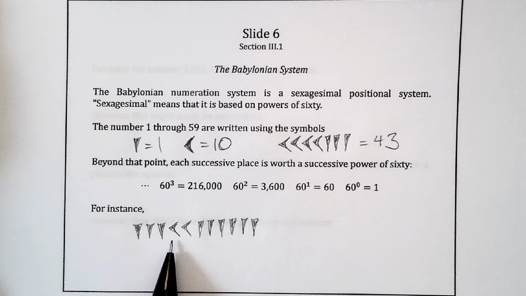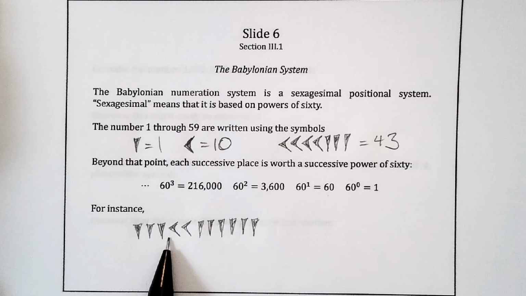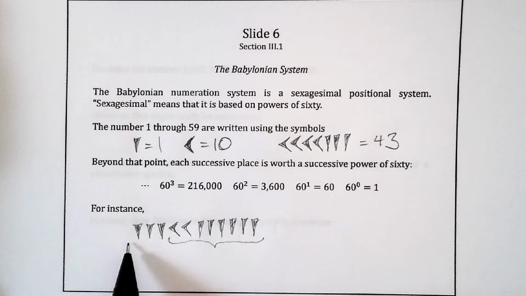And when I see, at the right, I'm going to expect to see the wedges, and then I'm going to expect some crescents. And then when it turns back to wedges right here, that's where the new place begins. So this set of symbols, that's in the ones place. And then these 3 guys are in the 60s place.